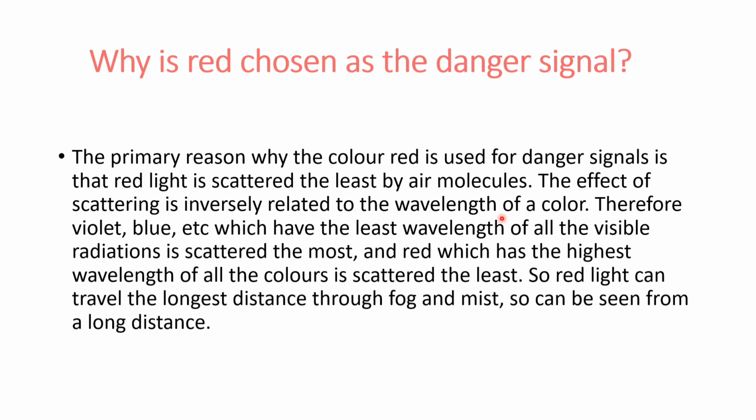Violet and blue, which have the shorter wavelengths of all visible radiations, are scattered the most, and red has the longest wavelength of all colors, so it is scattered the least. That is the reason red light can travel a long distance through fog and mist, so we can see it from far away. That is why the red color is chosen.